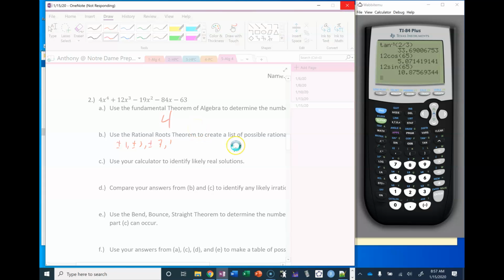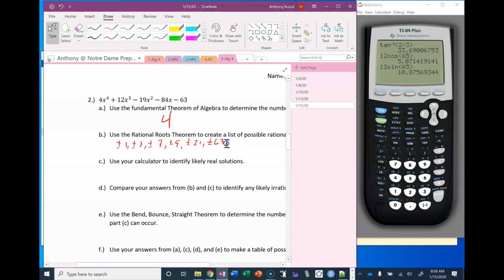Oh, hold on a second while my computer decides to stop responding. You should have also gotten all of those numbers over 2, and then all of those numbers over 4 as well.